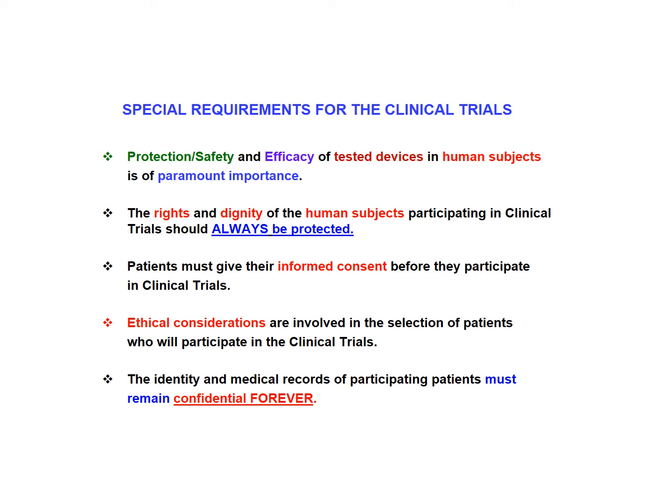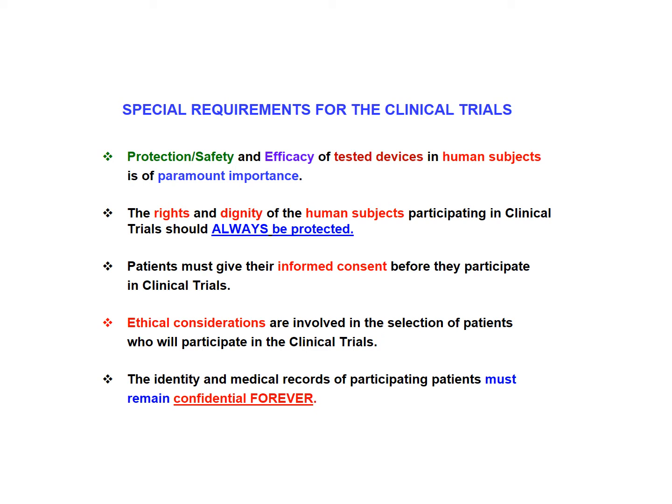And last but very important aspect, special requirement for the clinical trials, is that the identity and medical records of participating patients must remain confidential forever. That is why when the results of clinical trials are reported, no names, not even the initials of the names of the patients are reported.